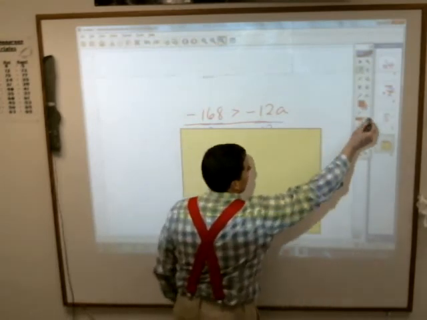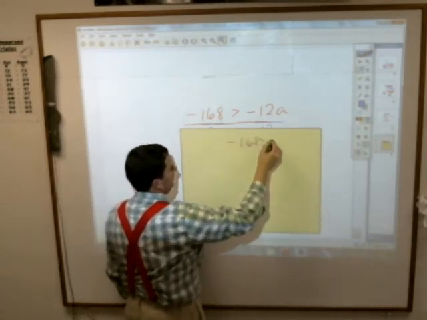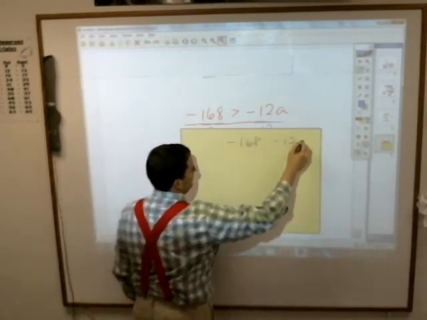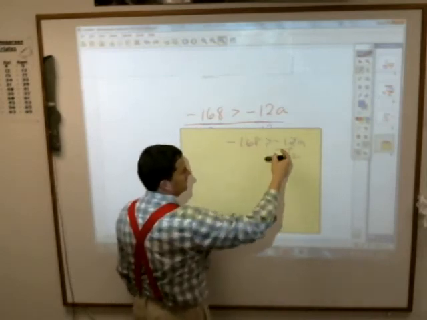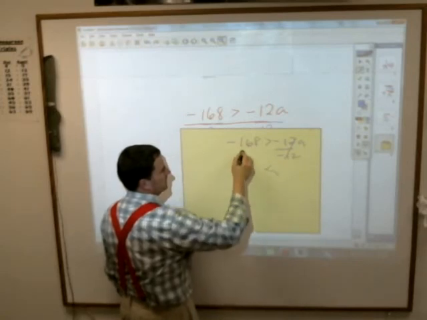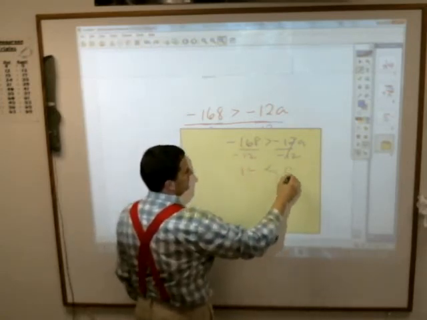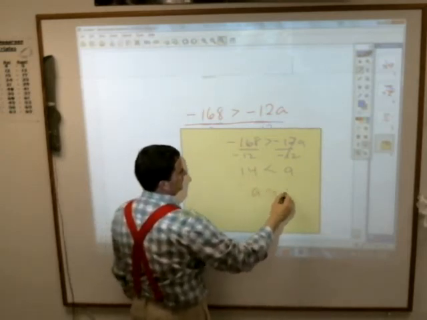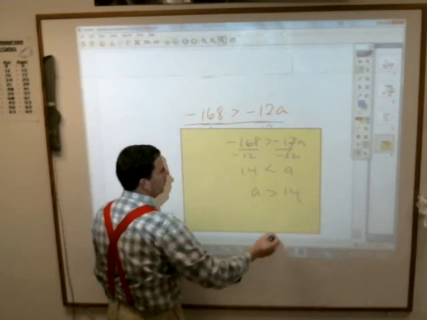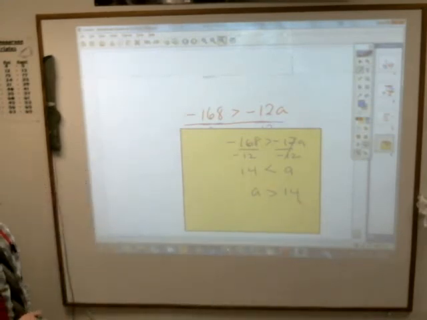You just have to remember that when you do that, negative 168 is greater than negative 12A, and when you divide by a negative 12, you have to change the sign automatically. So now you get positive 14. And then you change the letter to the side, change the sign, change the letter. All of them work, all of them give you the same thing. It's all up to you which way you do it, as long as you keep straight what's going on.